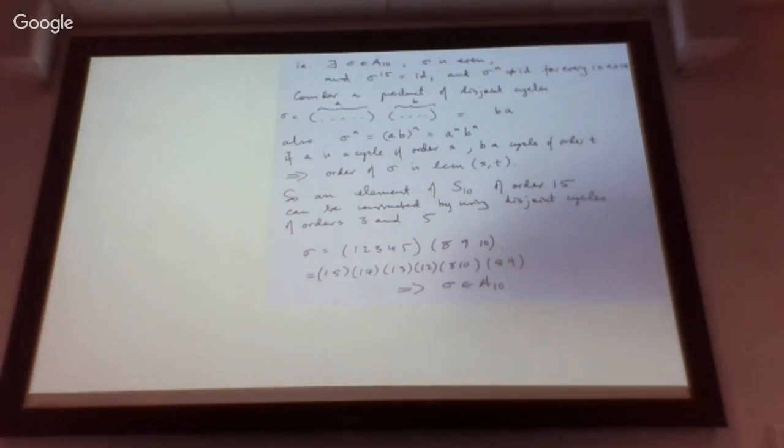In a group of order 12, it's only possible to see subgroups of orders 1, the trivial group, 2, 3, 4, 6, and 12 itself. You can't have subgroups of the other orders, only the divisors of the order of the containing group. So we'll be able to prove that for all groups in our lecture next week.